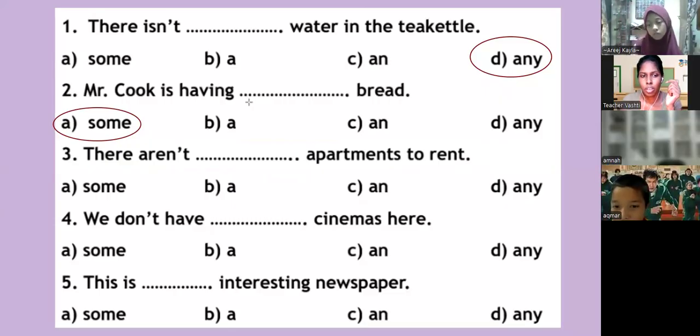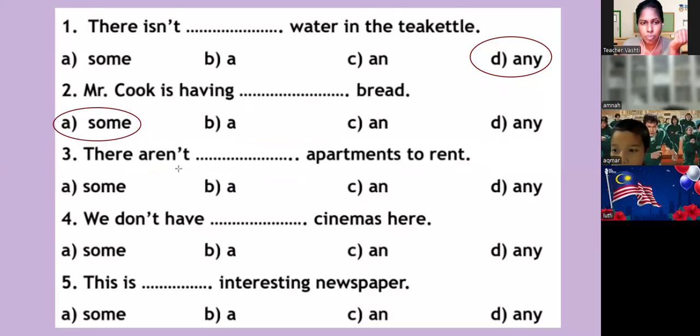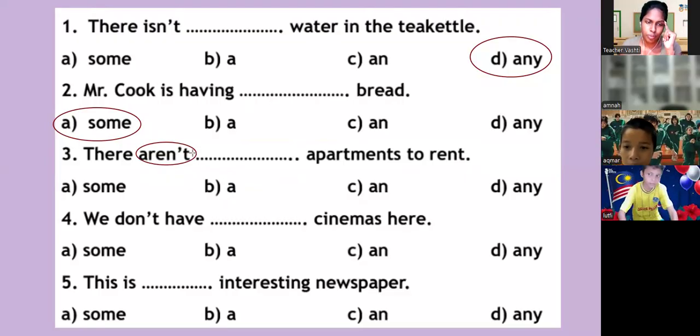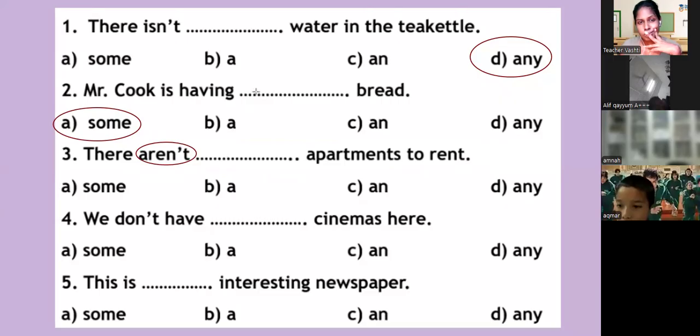Amna? Okay, you know it's negative because of the word aren't. If your sentence is negative, what should you use? Kalau ada, you can say there are apartments to rent.